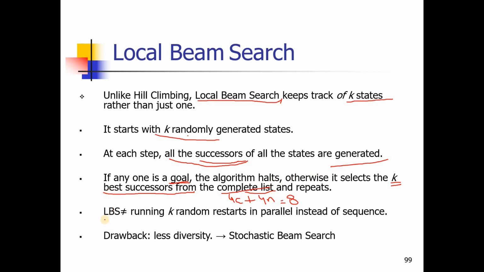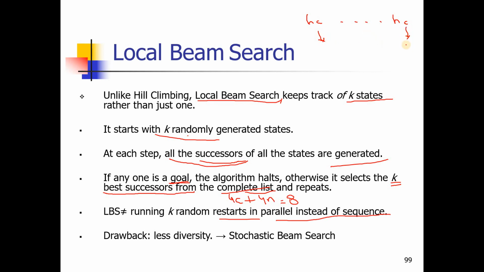An important point: local beam search is not the same as running k random restarts in parallel instead of in sequence. Random restarts of hill climbing, that is what they want to say. It is not as if you are running hill climbing 4 times in parallel. Remember, if you run hill climbing 4 times in parallel, all of them will work separately.